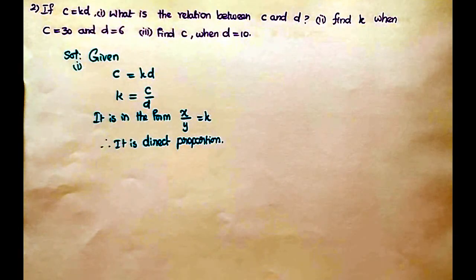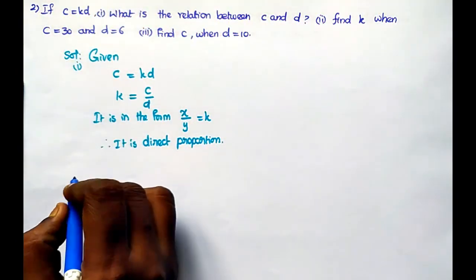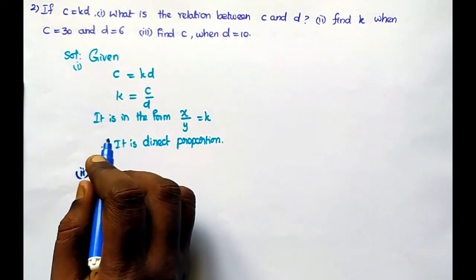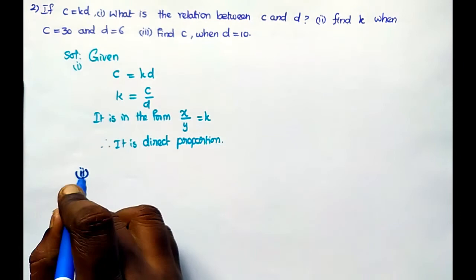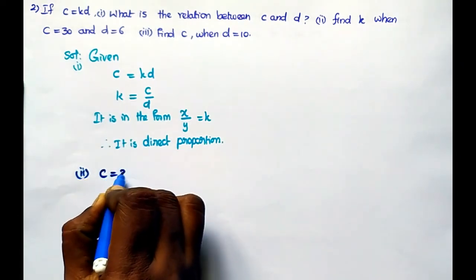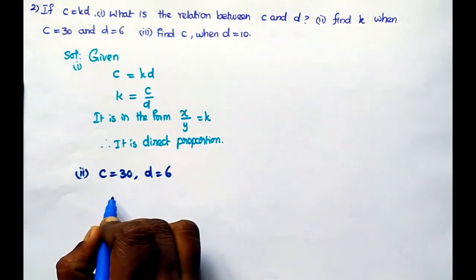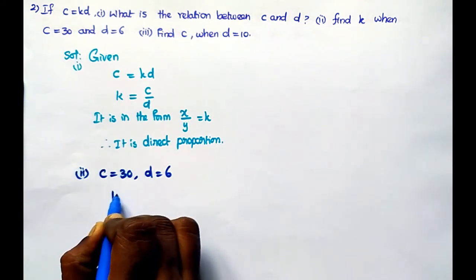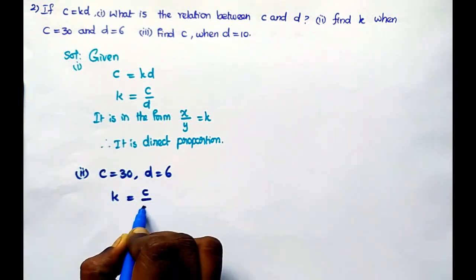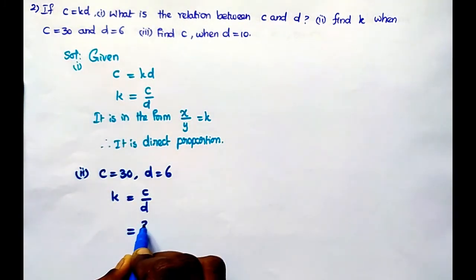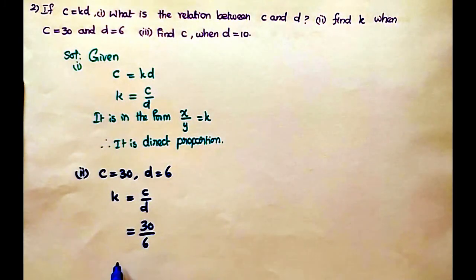Next, second subdivision, find K when C equals 30 and D equals 6. We know that K equals C by D, that is 30 divided by 6. So K equals 5.